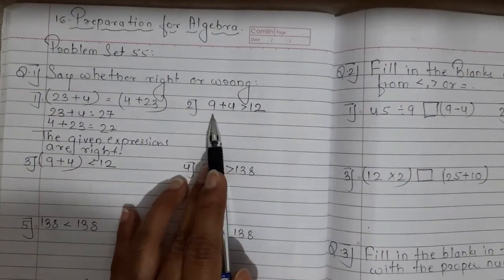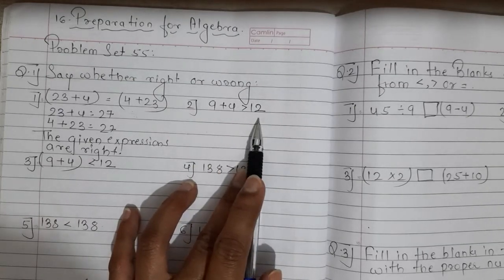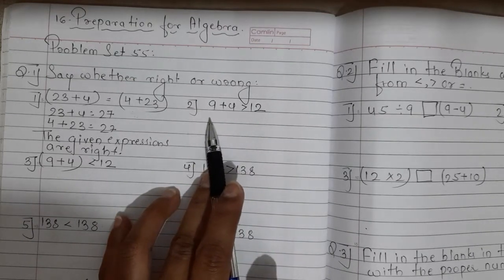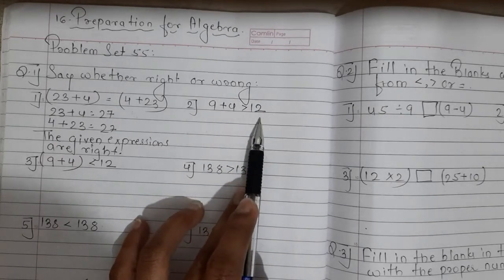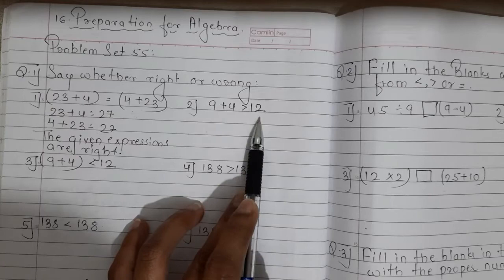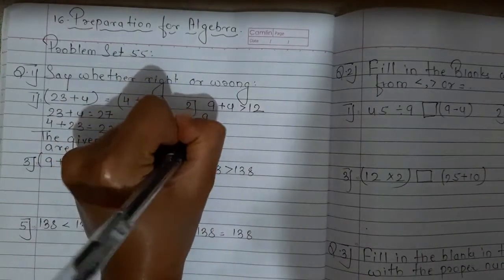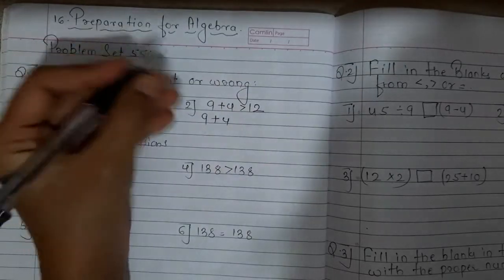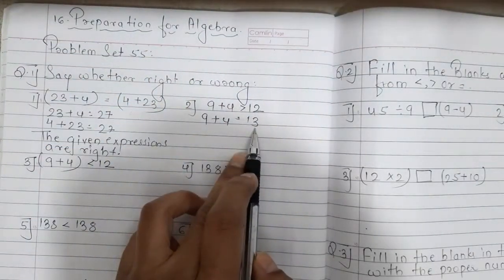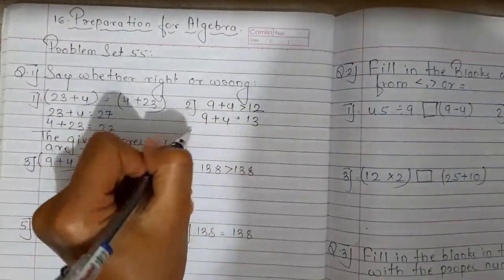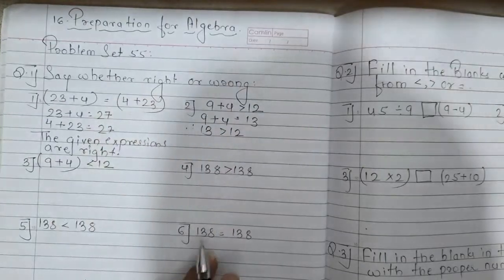Second one, 9 plus 4 is greater than 12. Again, they have given you the expression and you have to say whether it is right or wrong. First, 9 plus 4 is equal to 13. So 13 is greater than 12.